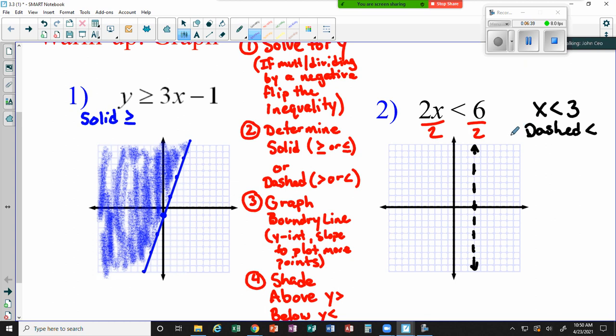So where are all the x values that are less than 3? Now there is no above or below. It's either right or left. The left of it, right? Because it would be 0, -1, -2, right? All along x. I'm going to shade everything to the left of that line.